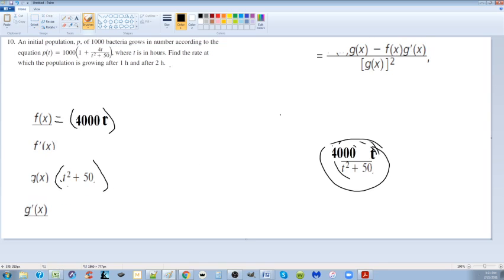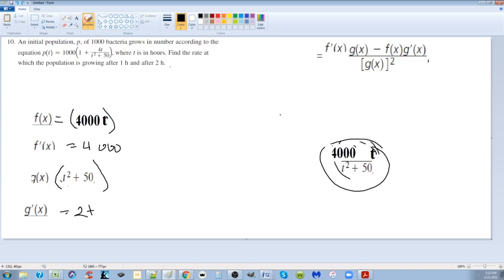Okay, it's very easy to see that f of x is equal to 4,000, and I think I could have saved that wherever I see f. Just keep it. Ah, okay, good. And notice I screwed up by removing this part here. There we go, put it back. And then the derivative of this one down here is 2t. Great.